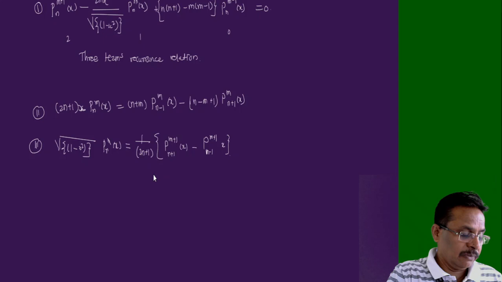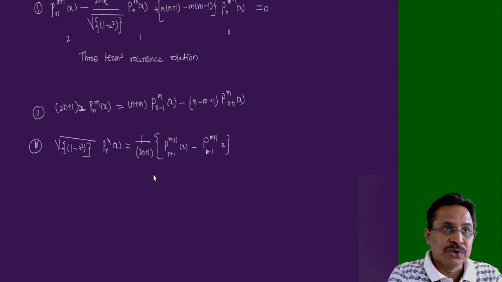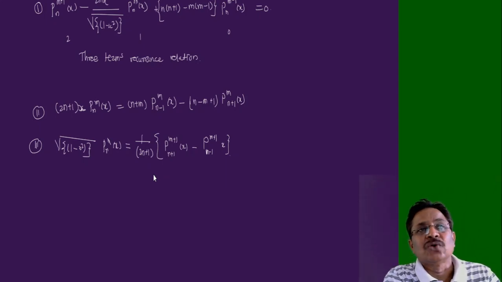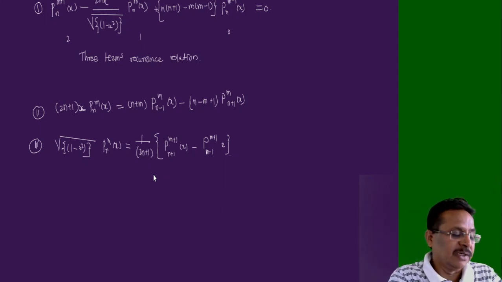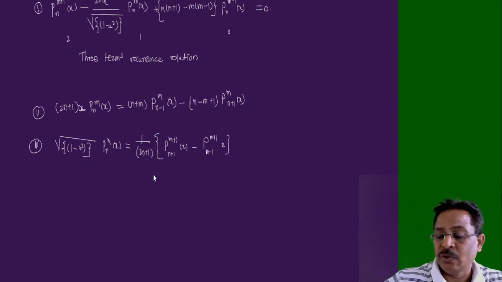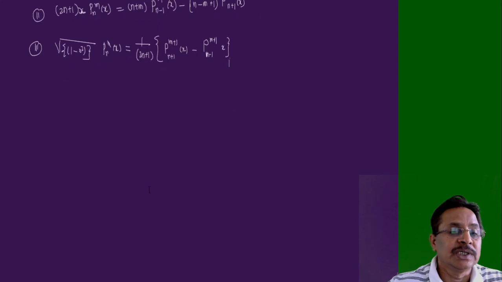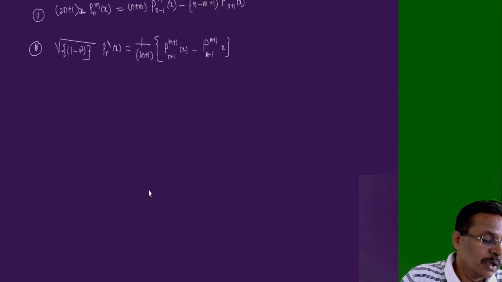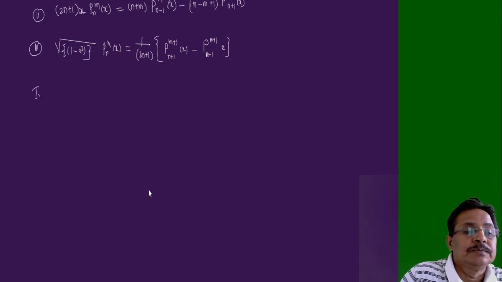As I said, we can express this in x. Sometimes we use P_n of cos theta. Now how to go from x to cos theta? That type of derivation we'll see here, and that is the last derivation from this chapter. That will be done as follows. So this is the trigonometric series for P_n of x.